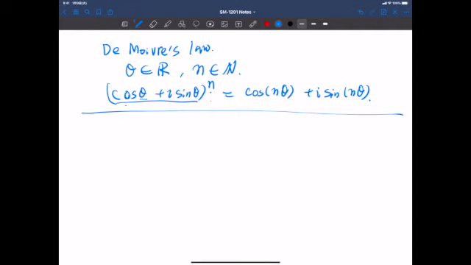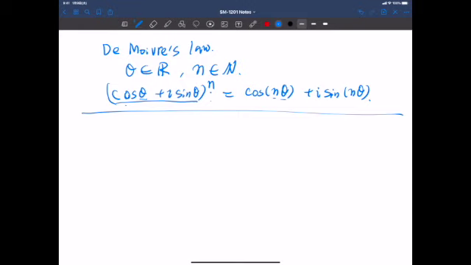That is the same operation as rotating the same complex number by n theta. Okay? So that's the meaning of de Moivre's law. That could actually be a proof.